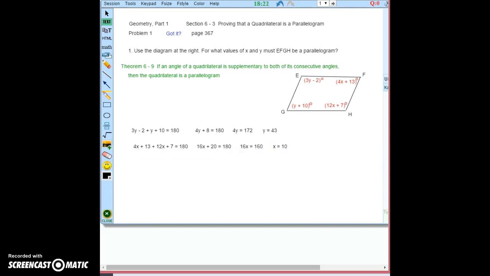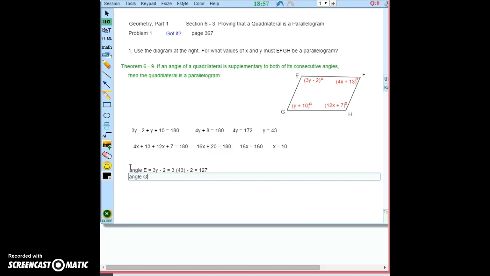Okay, so if y is 43, and that makes 3y minus 2, so angle E is 3y minus 2, so that would be 3 times 43 minus 2. So 129 minus 2 would be 127.